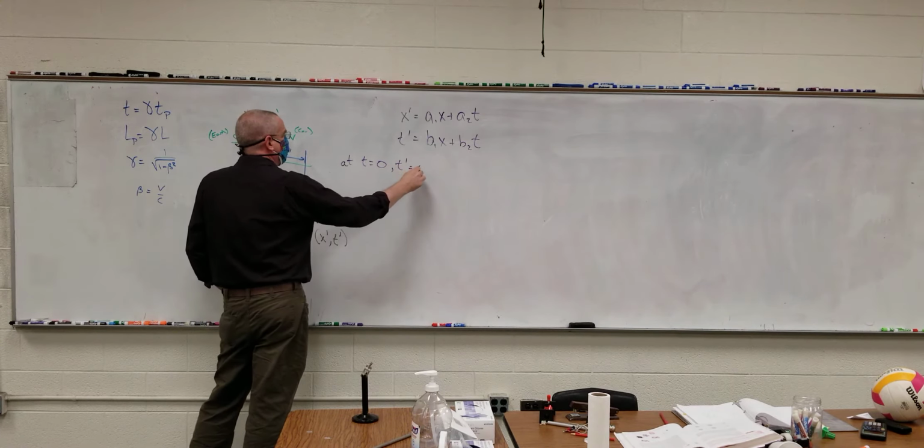When x prime is equal to 0, that's a1 x plus a2 t, so a1 x is equal to negative a2 t. x is equal to negative a2 over a1 times t. And that should also be how far it's traveling, that's vt.